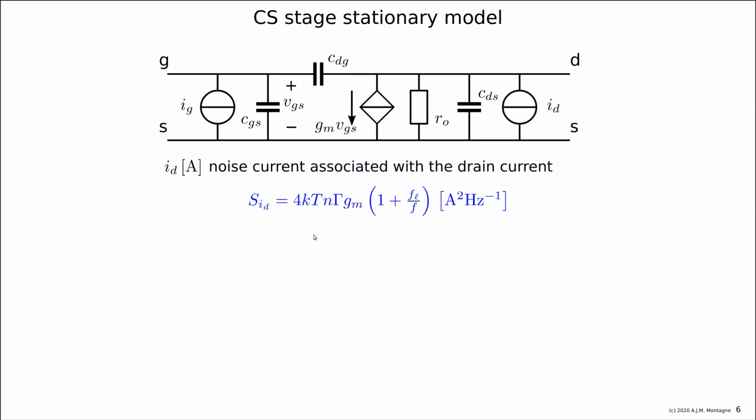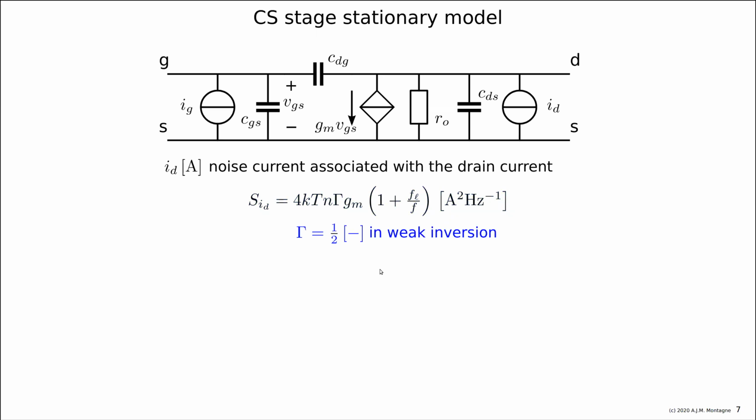It has a spectral density given by 4kT n, which is a substrate factor, gamma, which is some constant, times gm, and there might be 1 over f noise involved, and that is expressed by fL, a corner frequency of the 1 over f noise, and f.